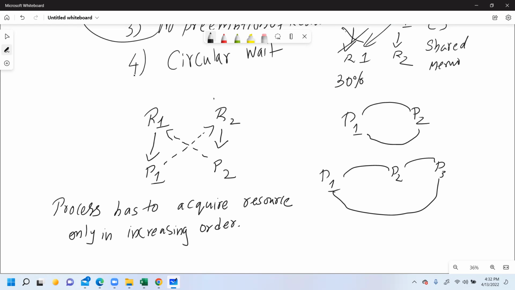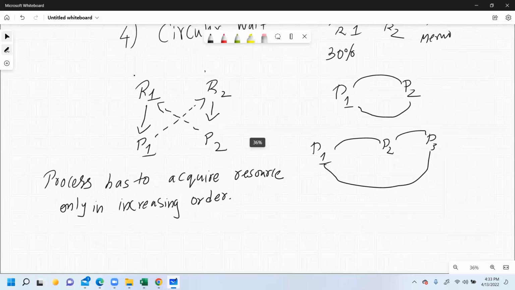That means the resources have to be numbered. So if it is not possible to acquire a resource in the increasing order, okay, you can complete the sentence.